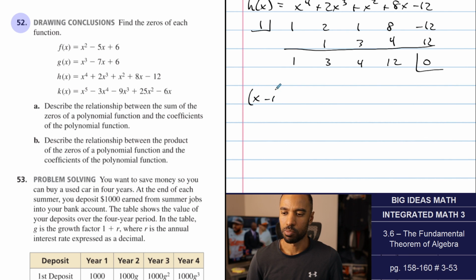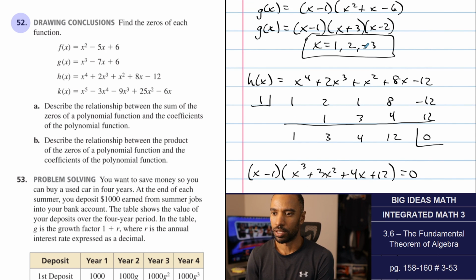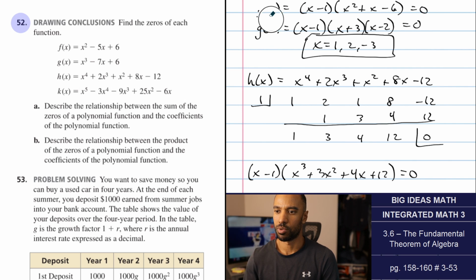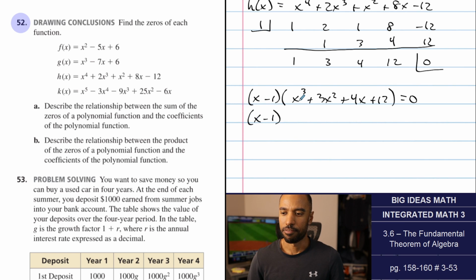So we have x minus 1 times x cubed plus 3x squared plus 4x plus 12, set equal to 0. I think at some point we've got to set equal to 0 anyway. I probably should have been doing that on these ones. So factoring by grouping, if I factor out x squared, I get x plus 3.